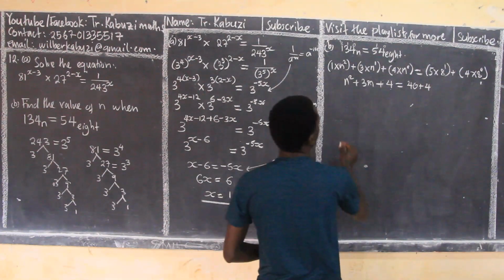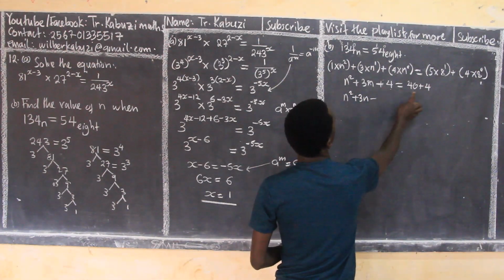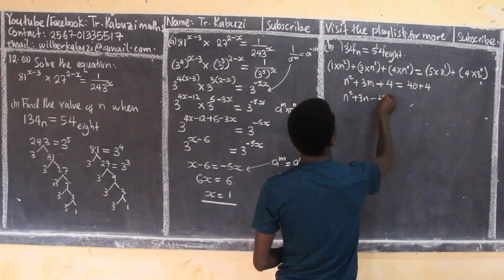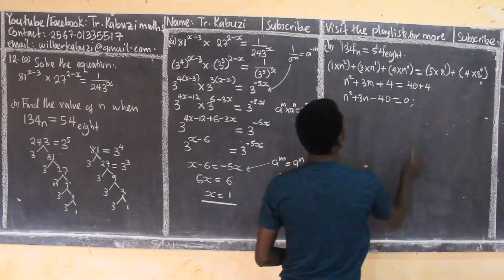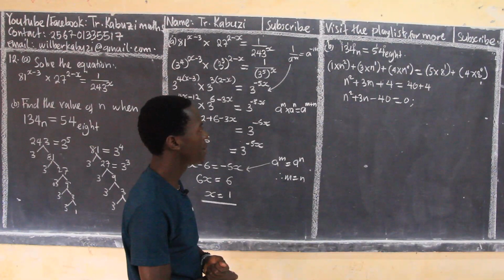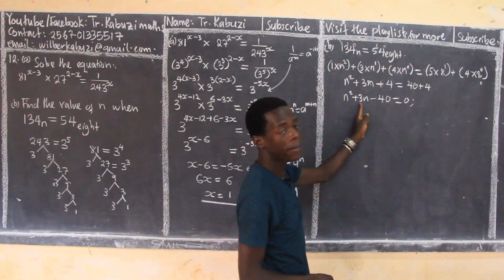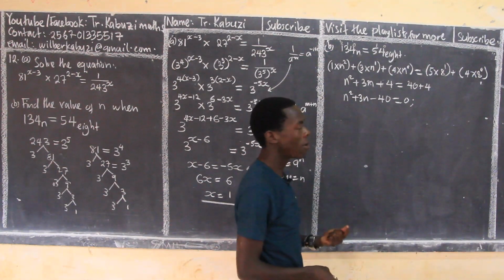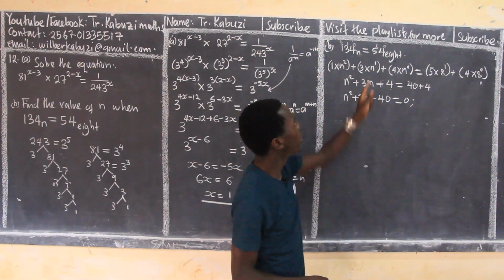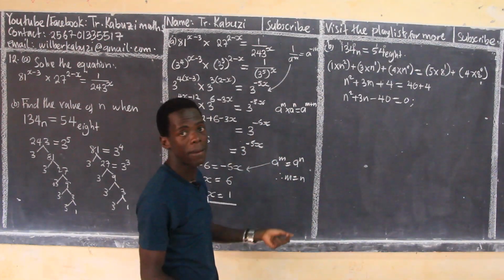Bring everything this side now. This will cancel, equals to 0. So here you can use any method of your choice, but I think the easiest method here, you see, the product is negative 40, the sum is 8. We saw how to solve quadratic equations. If you don't know, you go to the playlist there, you see how to solve quadratic equations using many methods.